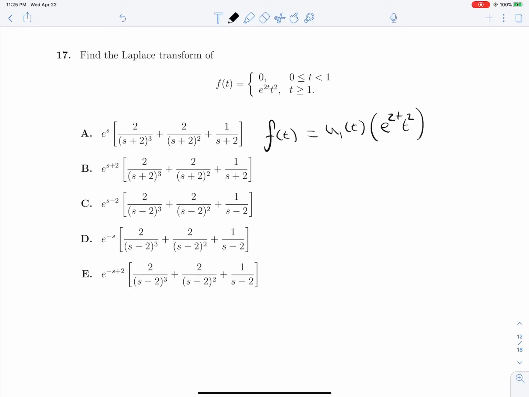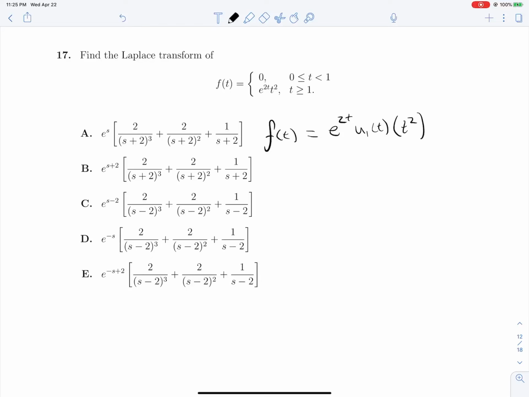Okay, so a couple things we can do here. Let's take e to the 2t and put it outside. So we have e to the 2t times u1 of t times t squared. There we go.